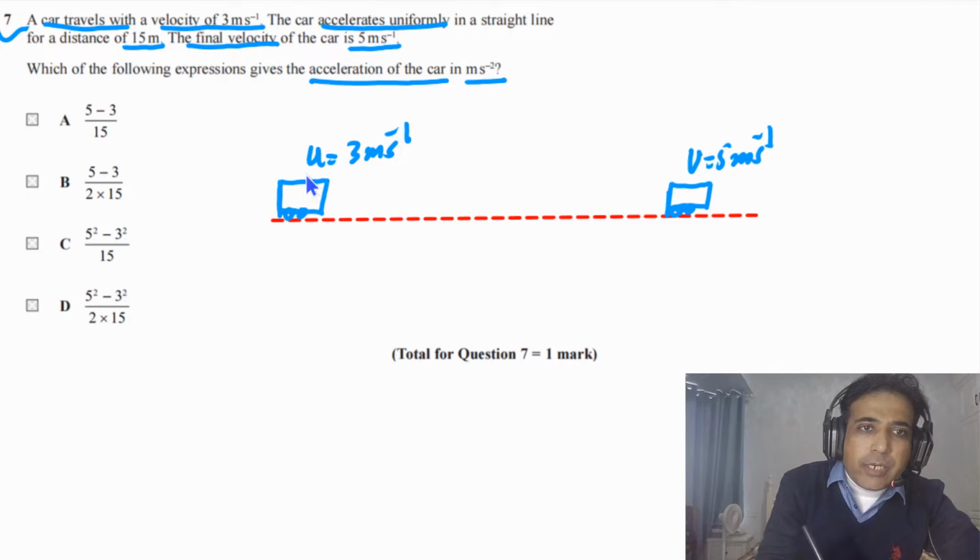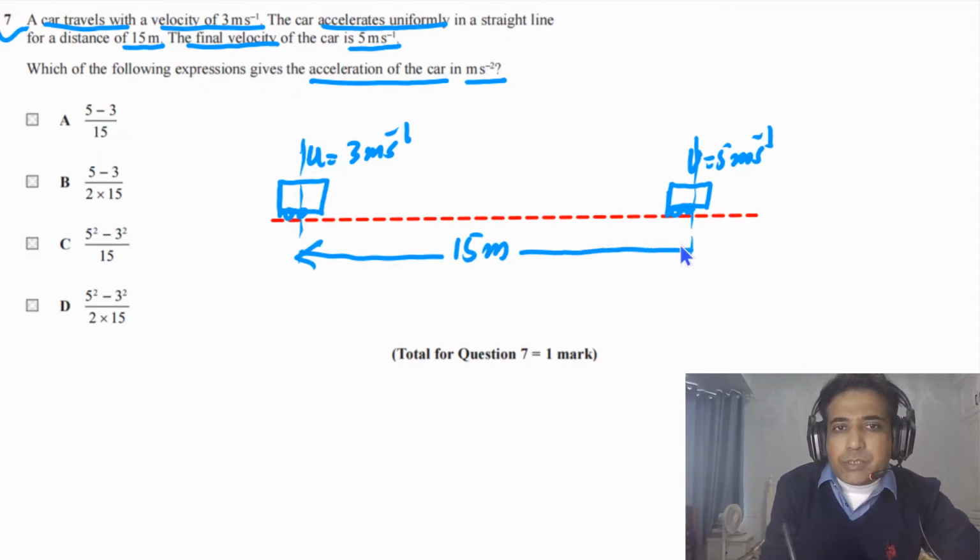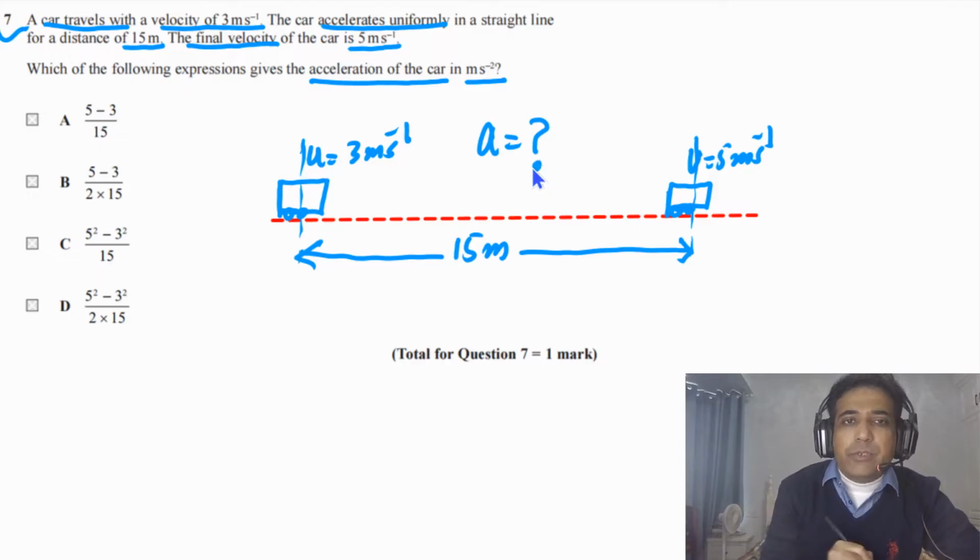The distance traveled by the car is given, 15 meters. We need to calculate the value of acceleration.